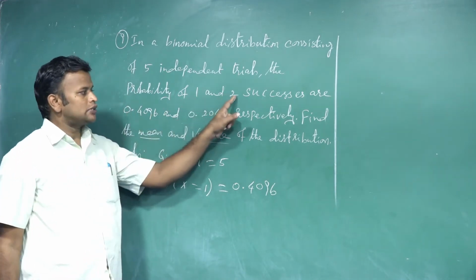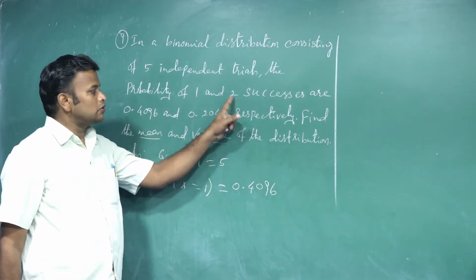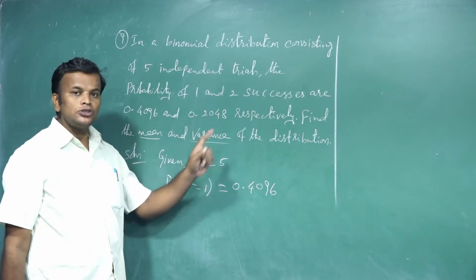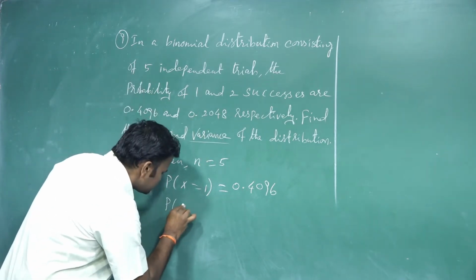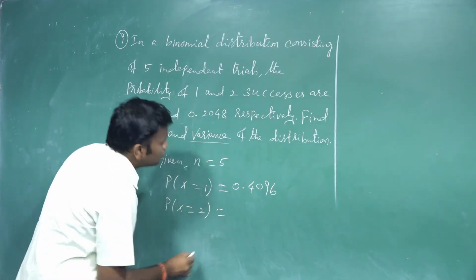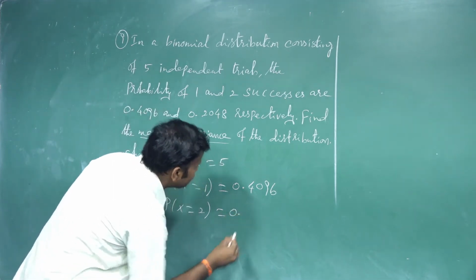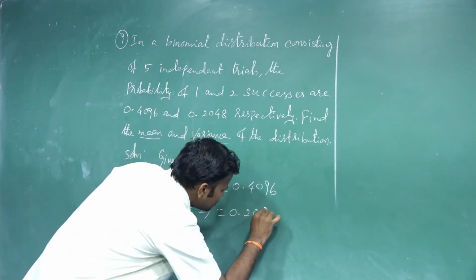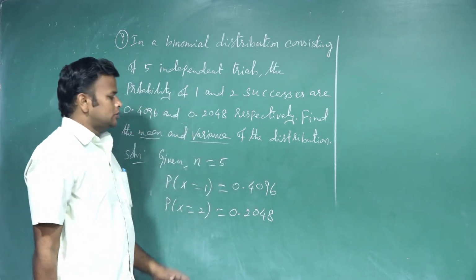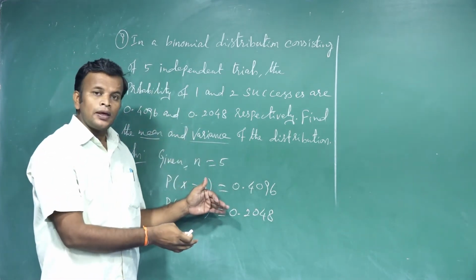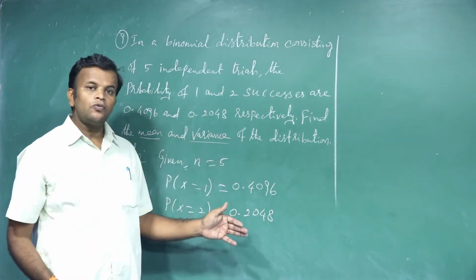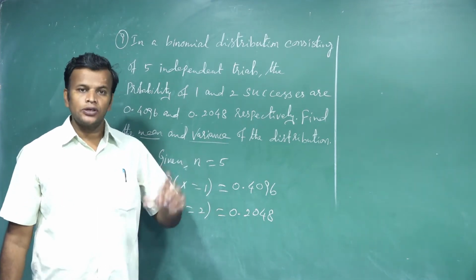First one over. And the second one is 2. When x is equal to 2, P of x is equal to 2, whose probability value is 0.2048. So these data are given. Now, using these data, find the unknown values of P and Q.